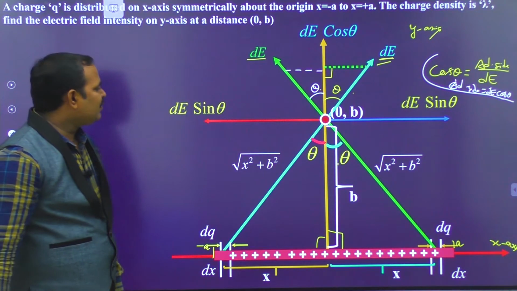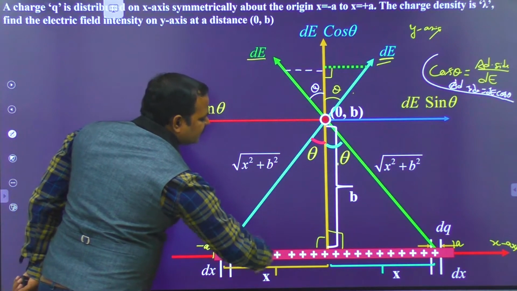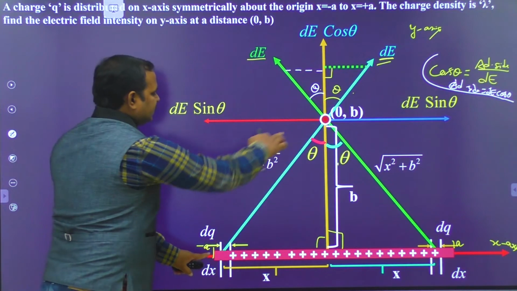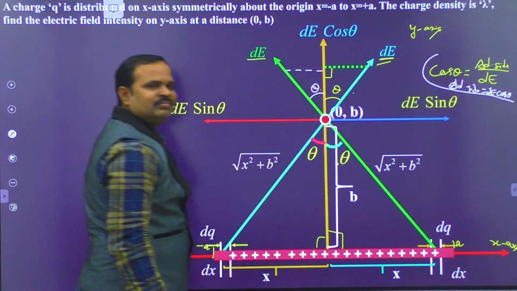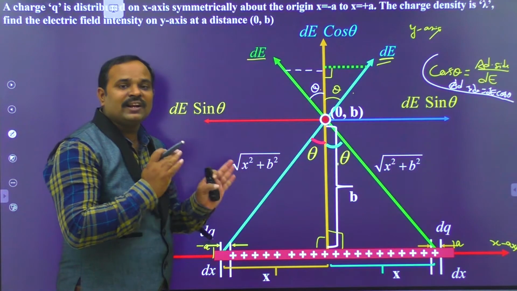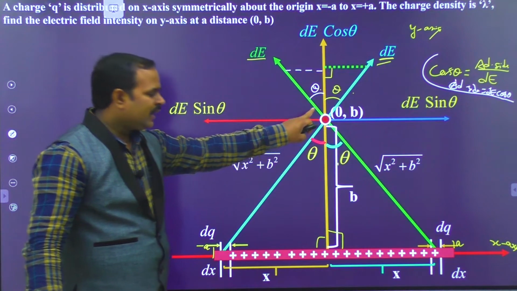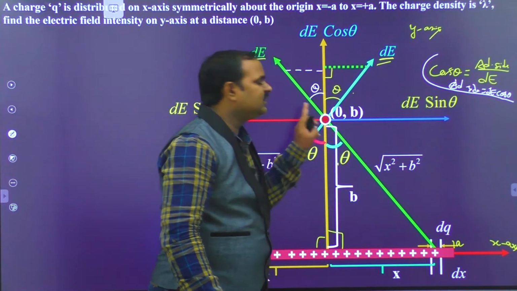Now, since the charge is symmetrically distributed about the origin, and the distance from here to here is root of x square plus b square, and here also the same distance, the magnitude of the electric field produced by this charge at this point is equal to the magnitude of the electric field produced by this charge at this point.